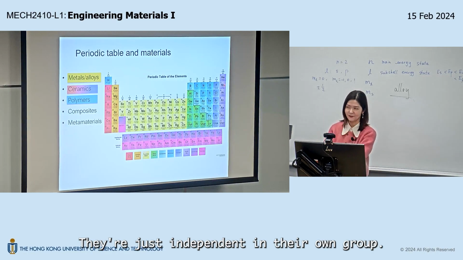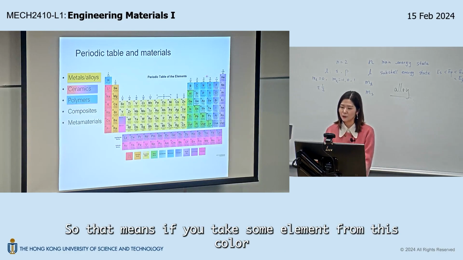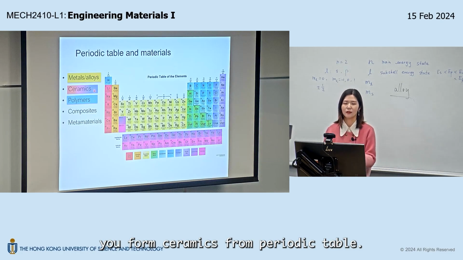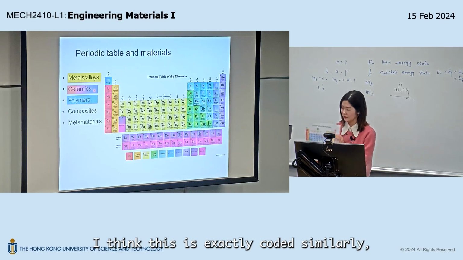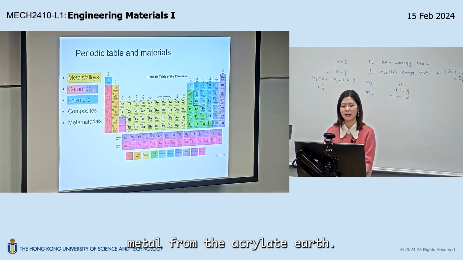They are independent in their own group, okay? So we just look at here. That means if you take some element from this color and you take some element from this color, you form ceramics from the periodic table, okay? I think this is coded similarly, except I just separate the transition metals from the alkaline earth.